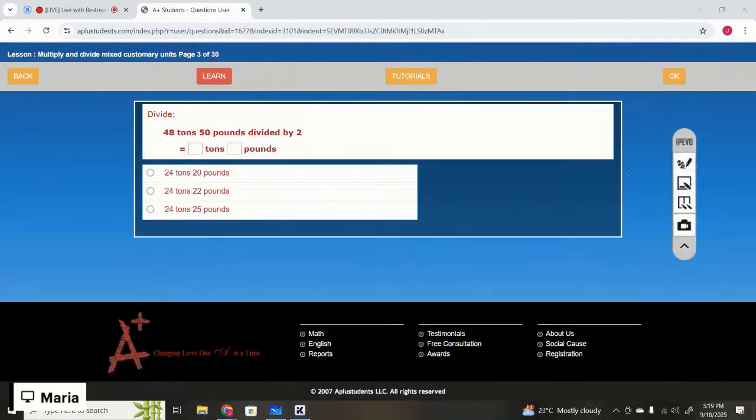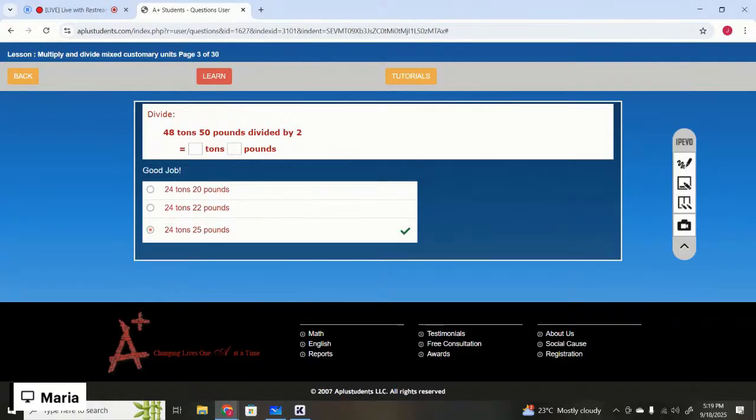That is 24 tons and 25 pounds. Option number 3 is the correct option.